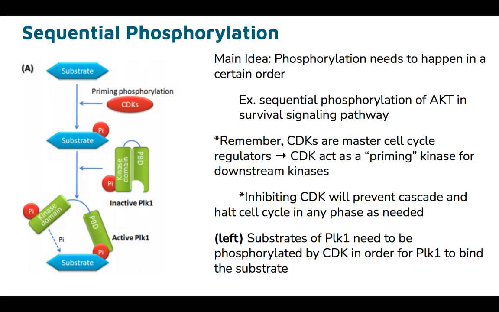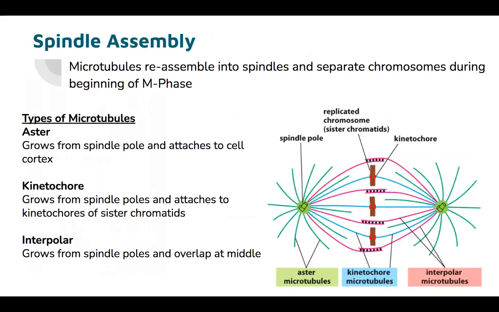There's a sequence where if you want to activate an inactive kinase, you first want to go all the way up the chain to the CDK for all the downstream effects to happen. So the important thing is that if anything happens to the CDK up top, say it's upregulated or downregulated, that's going to affect the whole downstream cascade. Okay, thank you.